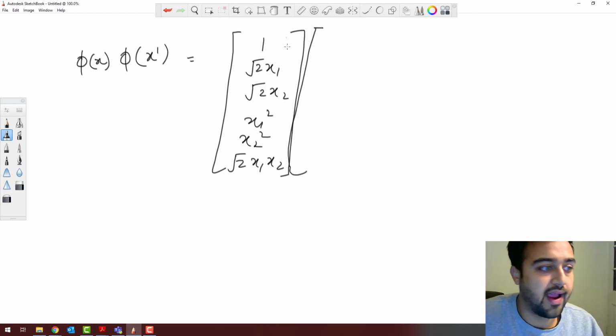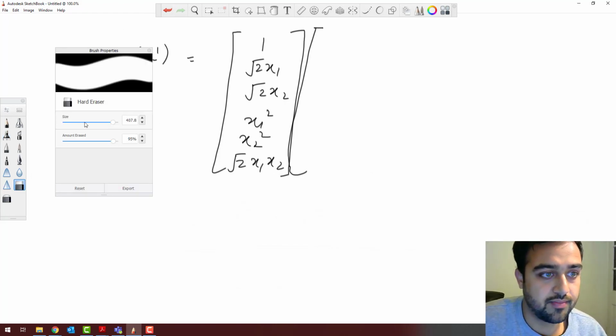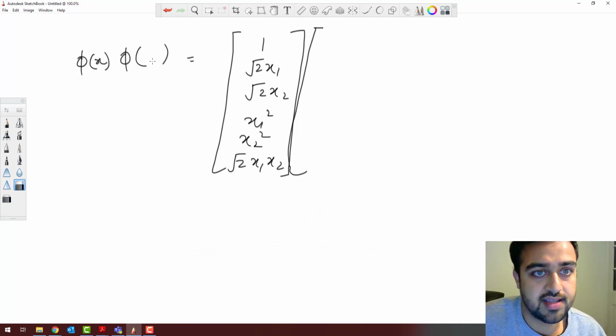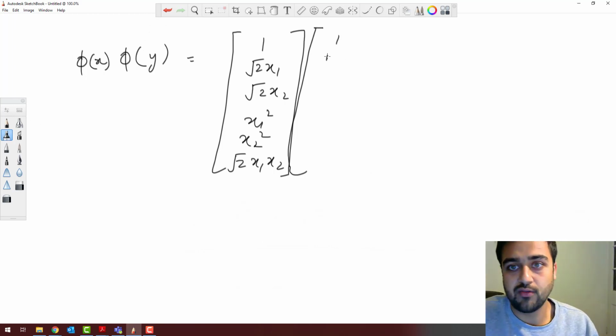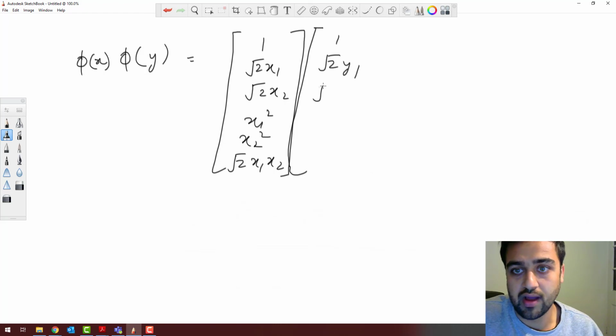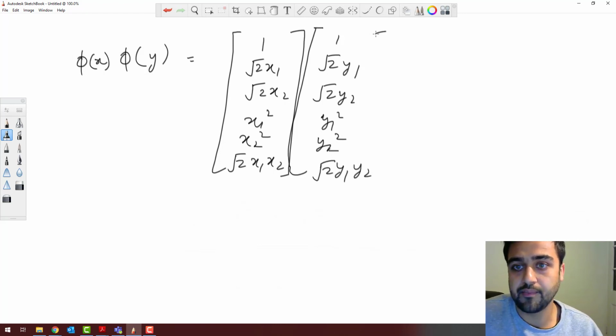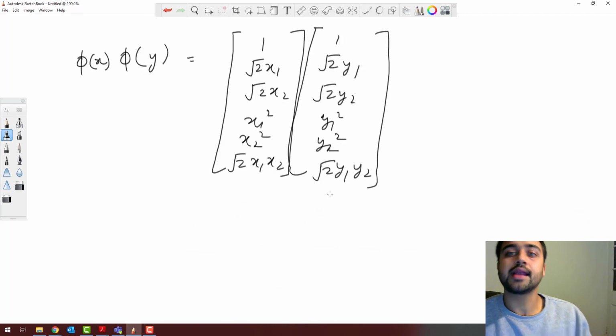And similarly for y, let's write it as y only. That'll be simpler in order to understand. So y would be 1, root 2 y1, root 2 y2, y1 square, y2 square and root 2 y1 y2.